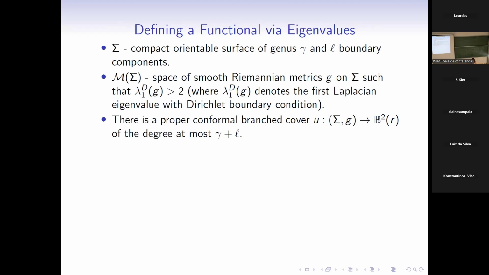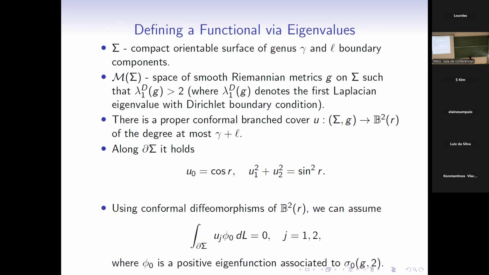And well, since you have a compact surface with boundary, you know you have a conformal cover of the 2-dimensional spherical cap. Okay, and this cover has degree at most gamma plus L. Okay, the topology here. Okay, it's proper, sending boundary to the boundary, so the first coordinate is constant, cosine of r, and the other two satisfy this.